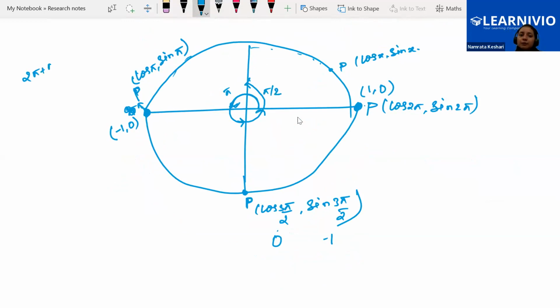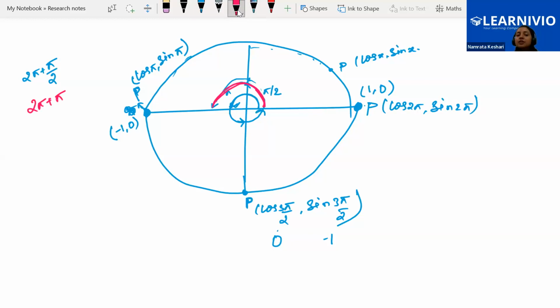It will be the same as the 90-degree angle. Now suppose this much angle we covered: after covering the complete 2 pi, this much extra. That means 2 pi plus pi.